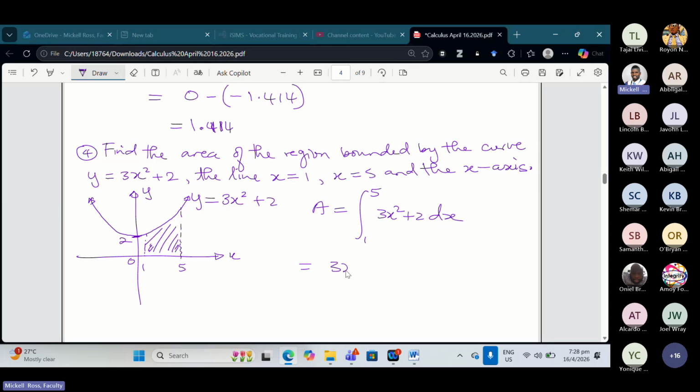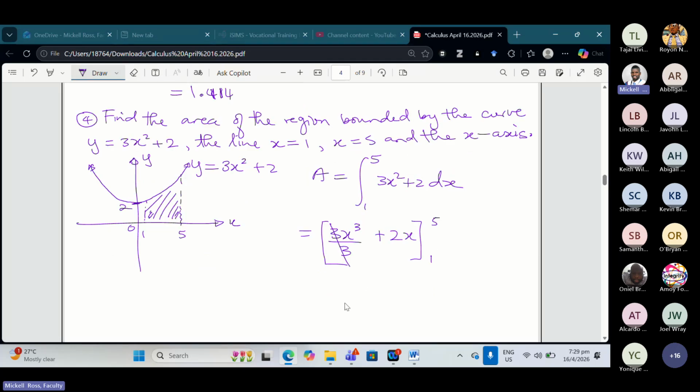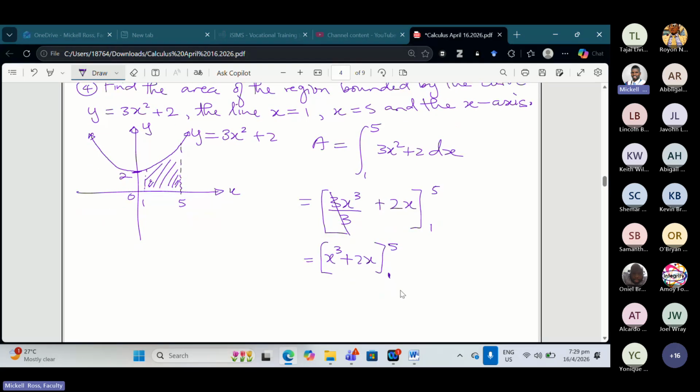So this is going to be 3x cubed divided by 3 plus 2x, and we're integrating from 1 to 5. We can simplify here. So we're going to end up with just x cubed plus 2x, from 1 to 5. So we're going to substitute when x is 1 and when x is 5.